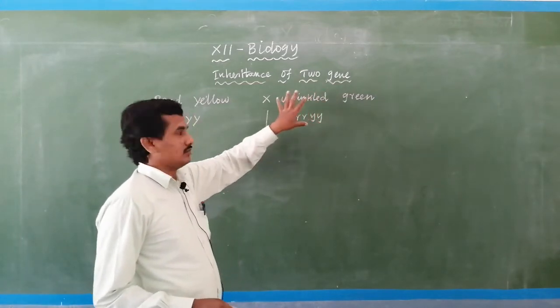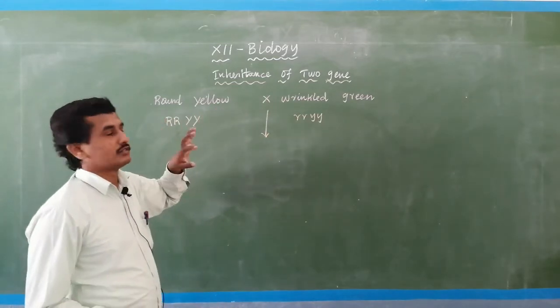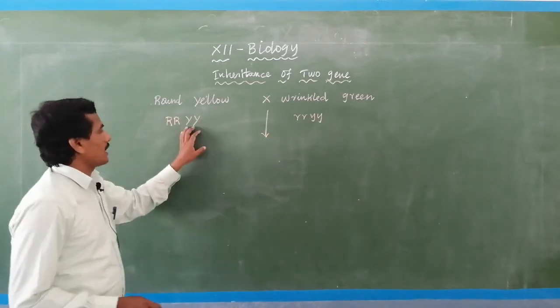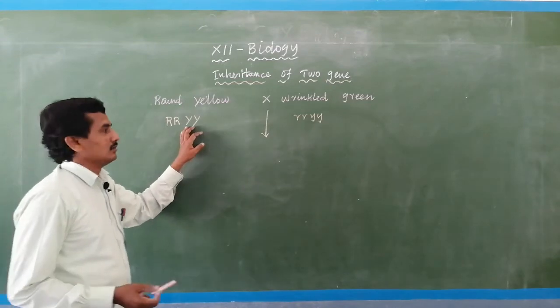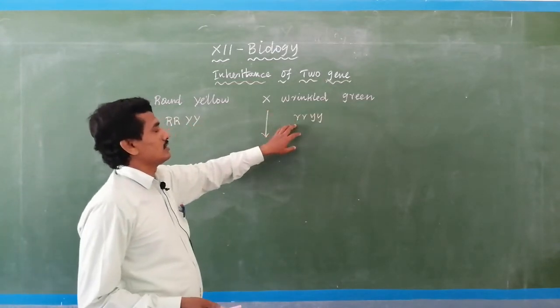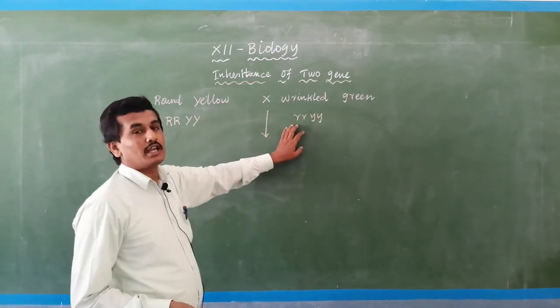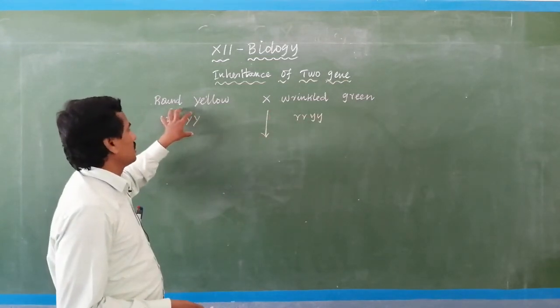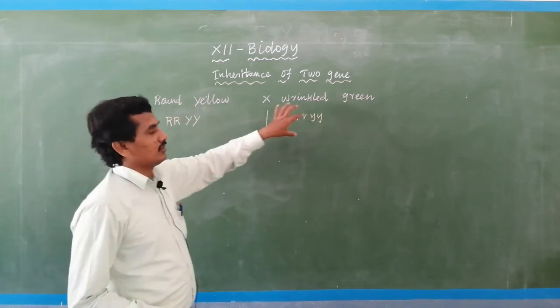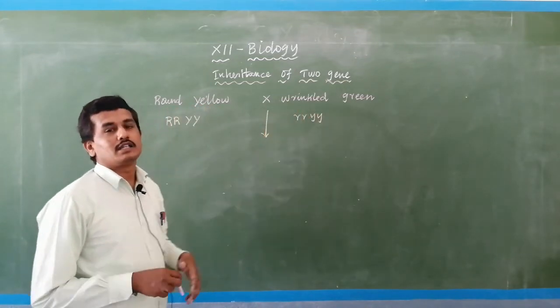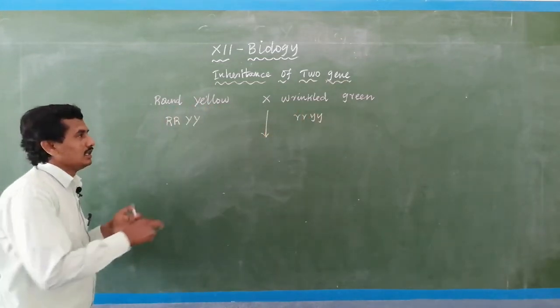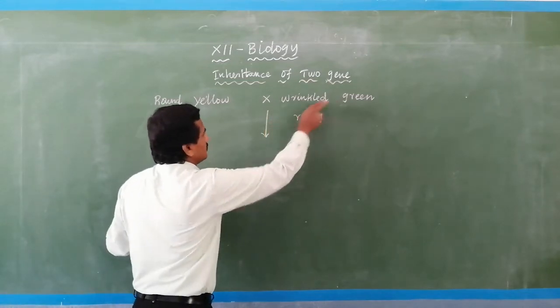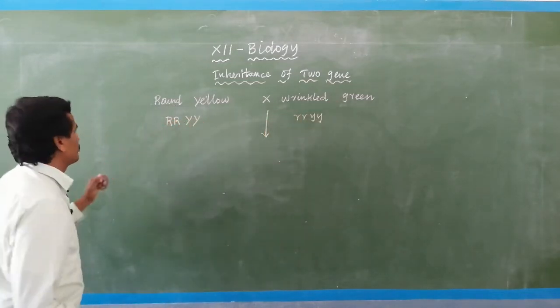Normally you make these types of mistakes. Capital R, capital Y is correct, but taking capital W or small w for wrinkled seeded is wrong. For the recessive version, use only the small letter of the dominant version, not W or G.